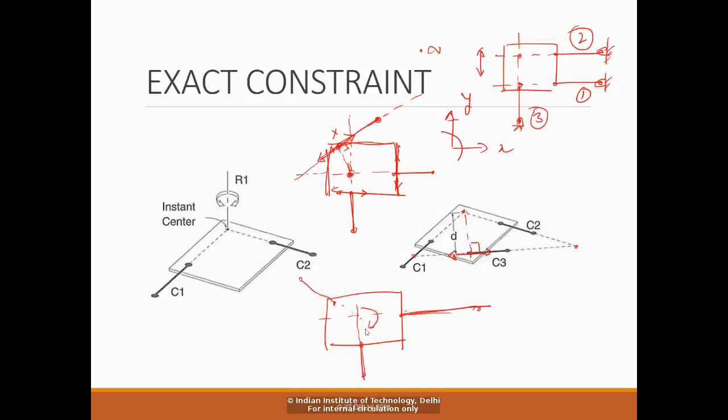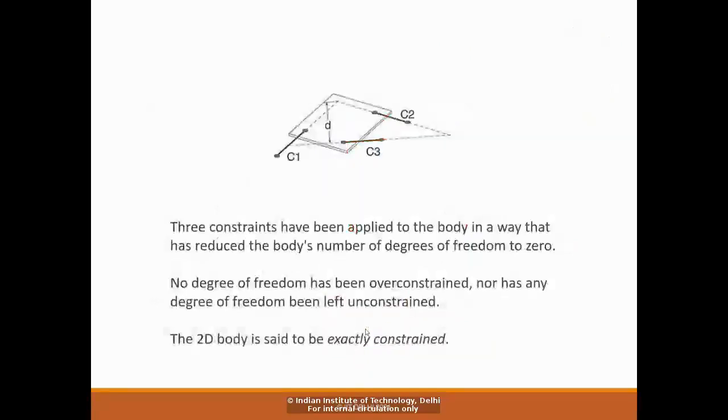Okay, so if you want to constrain any object in a plane completely, we need 3 constraint lines or 3 contacts. Right? And what it says, 3 constraints have been applied to the body in a way that reduces the body's number of degrees of freedom to 0.